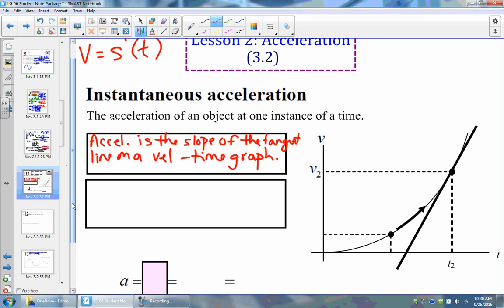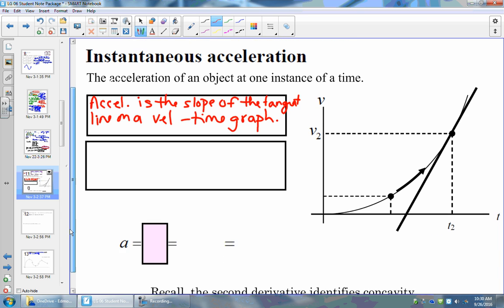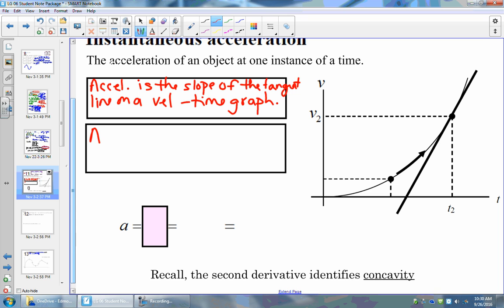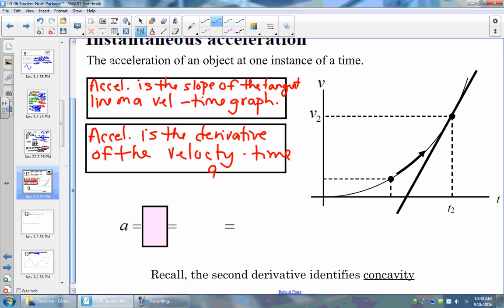So guys, what are we talking about here? Again, we're talking derivative, right? So that must mean the acceleration is the derivative of, not the position time graph anymore. It must be the velocity time graph.